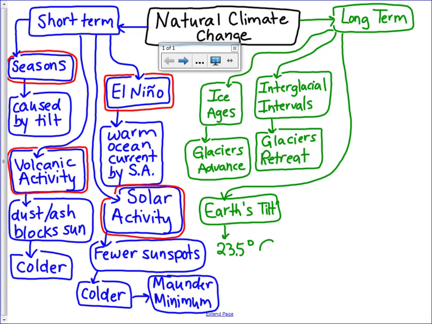And there's really good pictures of this in your book, but Earth's axis looks approximately like that. This causes our seasons. So if you change the amount of degrees that Earth's axis is tilted, that would change our seasons. So change in tilt would equal a change in seasons.